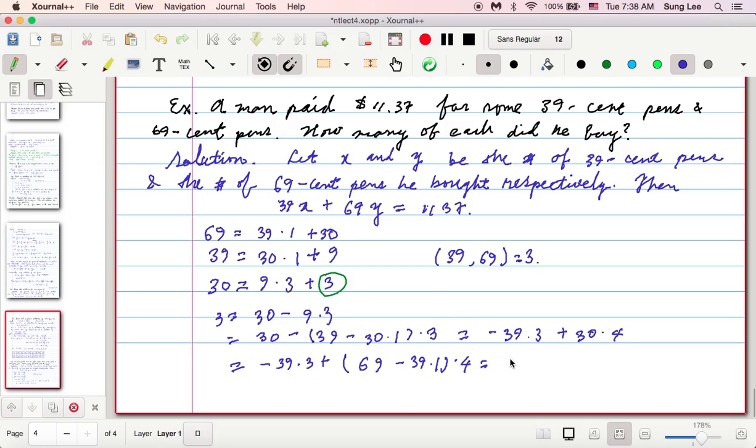So that equals negative 4 times 39, negative 3 times 39, that's going to be 39 times negative 7, plus 69 times 4. So here x prime equals negative 7.